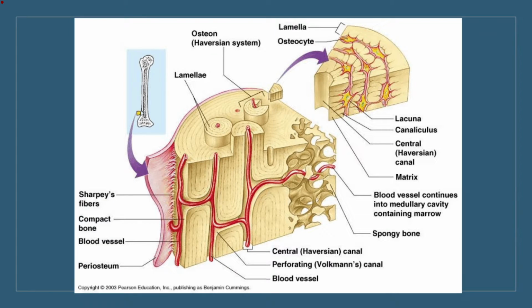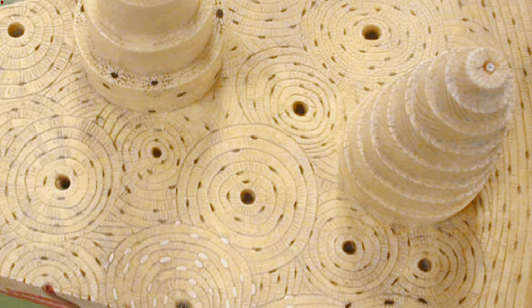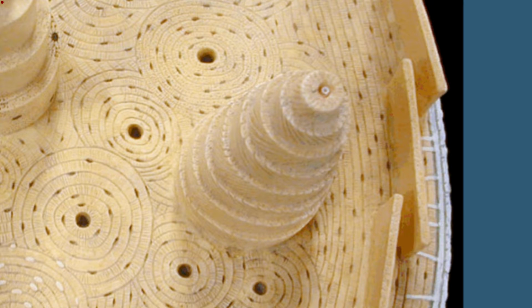Okay, you can see it a little bit here. I'm going to zoom in. So again, you see this periosteum out here and the Sharpey's fibers to keep it attached. On the inside, we have a connective tissue lining, and you see it in gray over here. This is endosteum. Endosteum is the lining inside of the marrow cavity.